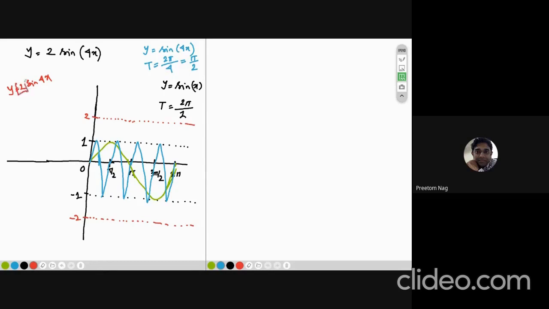So that means these points will not be changed; these points will stay the same. We have to draw our graph crossing these points, and where the graph is maximum, this will also be maximum. Where the graph of y equals sin 4x had its maximum, the new graph will have its maximum, and where it was 0 it will be 0, right? It is just getting amplified.